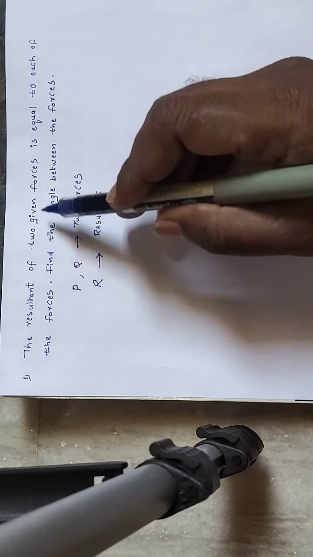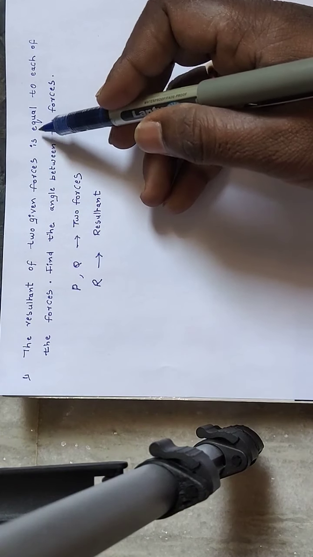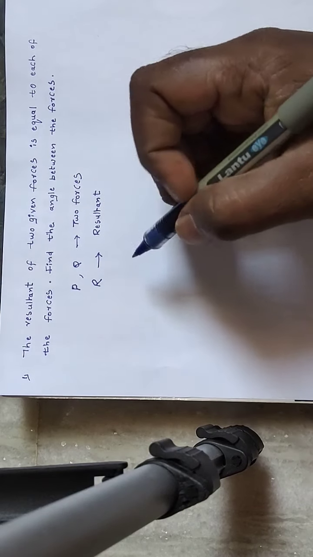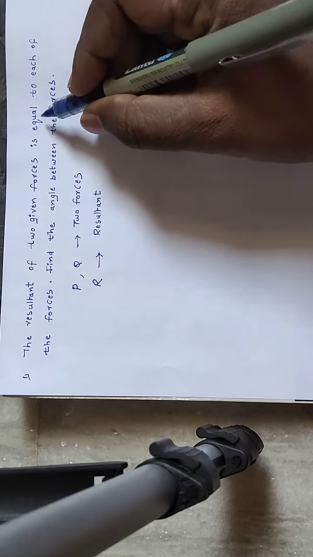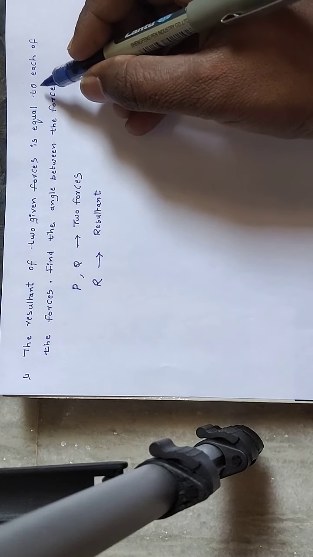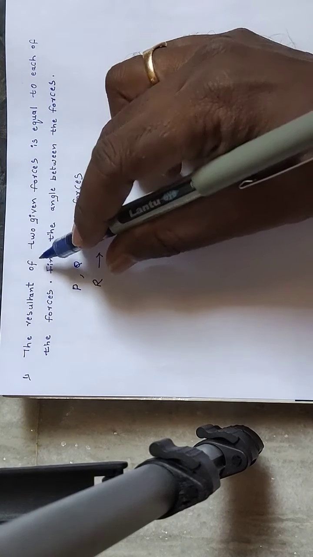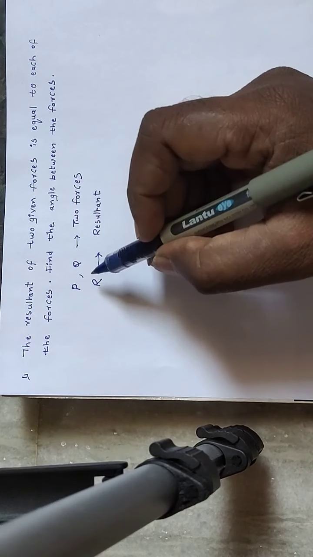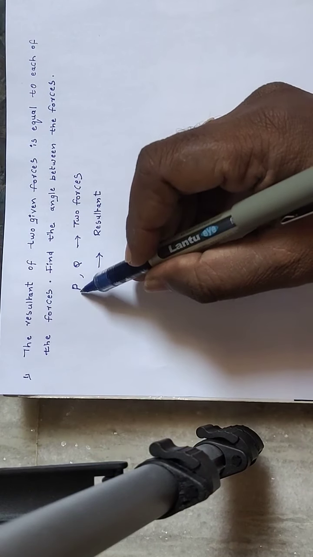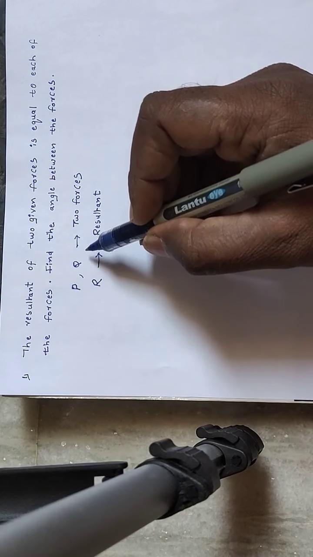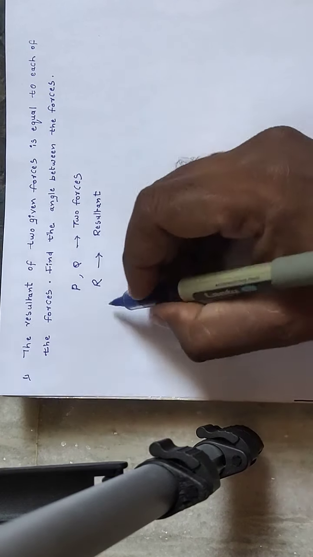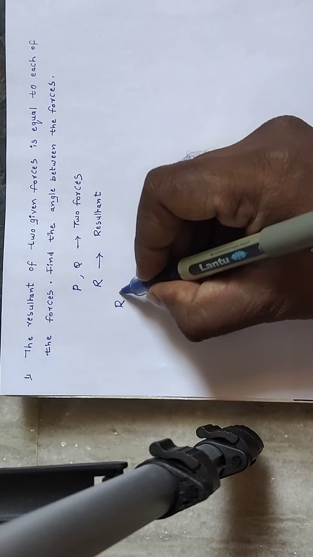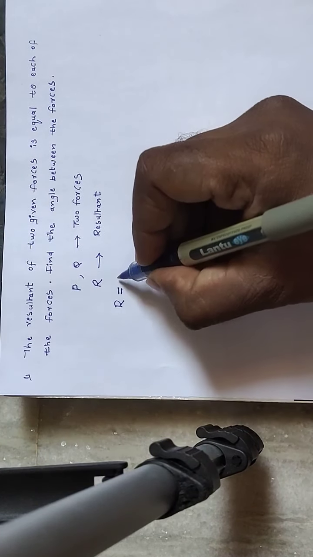So the resultant of two given forces is equal to each of the forces. So what is the meaning? What he is saying is that the resultant is equal to each of the forces. Each of the forces means here P is one force, Q is another force. So this resultant is going to equal each of the forces.